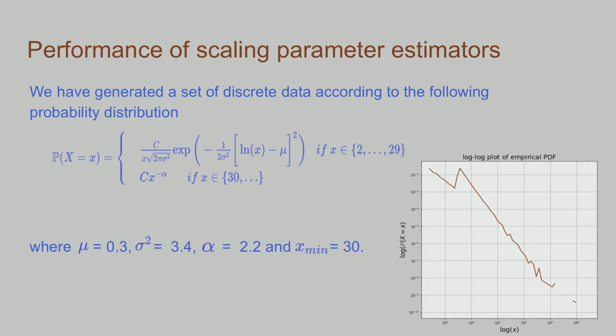For many choices of the value of x-min, we started from the minimum value of the empirical data and made it vary up to the value of the empirical data for which values greater than that x-min are more than 55% of all the empirical data, in order to have a pretty large data set on which to fit the distribution.